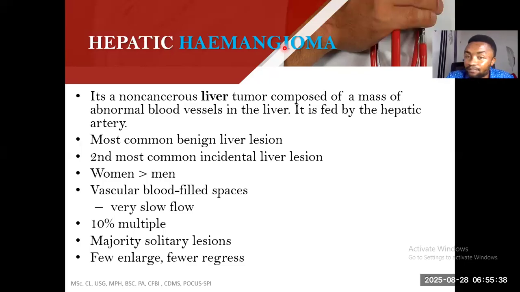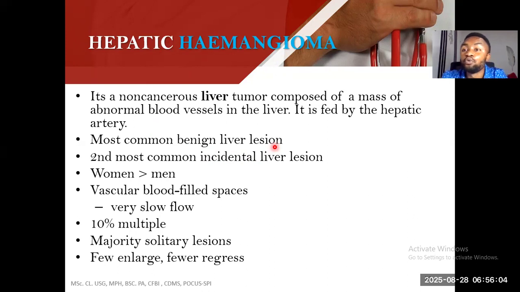Hepatic is the liver. So it's a non-cancerous liver tumor composed of a mass of abnormal blood vessels in the liver. It is fed by the hepatic artery. It is the most common benign liver lesion. Please, when we say something like this, nobody should tell you that this is an examinable question.